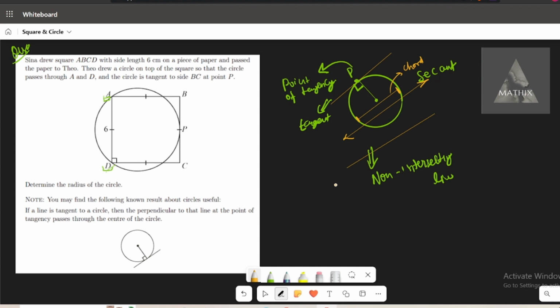Now we need to find the radius of the circle. So what will we do?